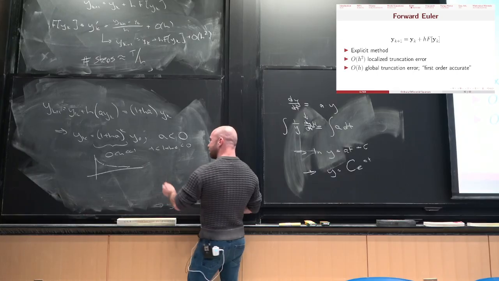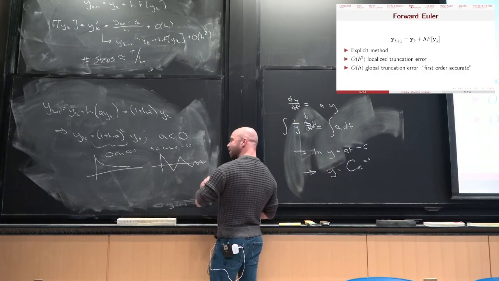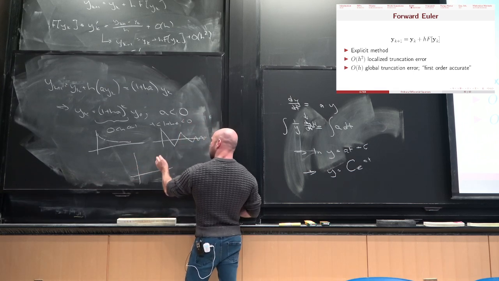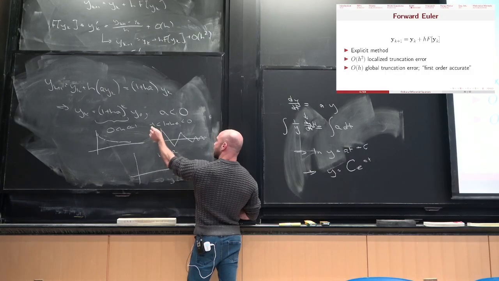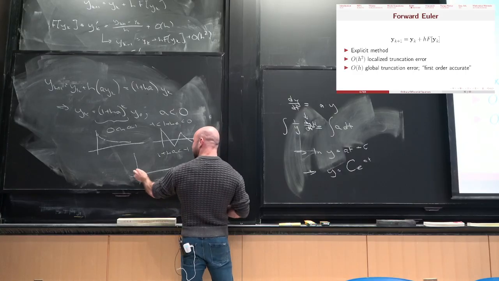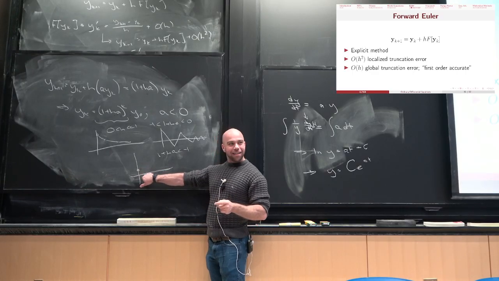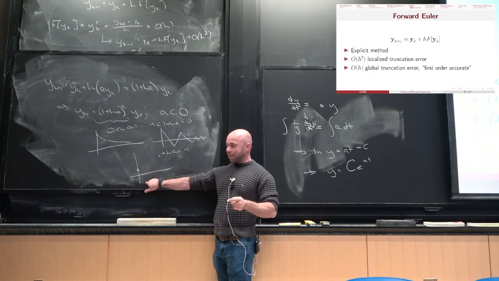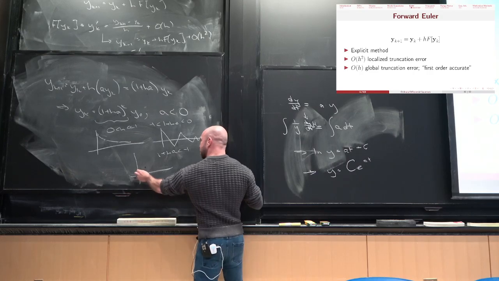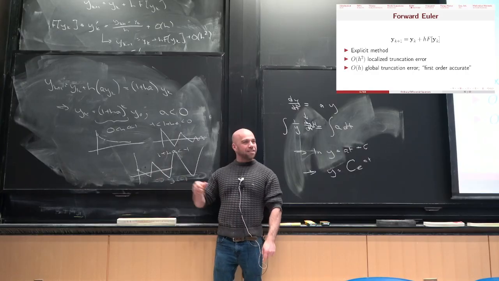In that case, your solution is still stable, but it does this weird wiggly thing. And then finally, we have 1 plus ha less than 0 and less than -1. Let me rescale my y-axis. What's going to happen? Well, you flip sign, and then you go a little farther than where you started, because the coefficient in absolute value is bigger than 1. So now you zigzag out of control. Does this look like an exponential?